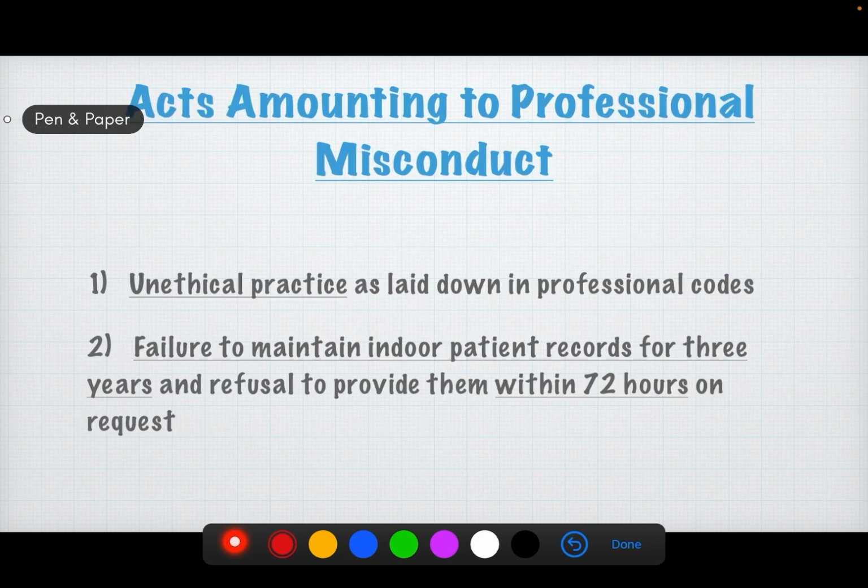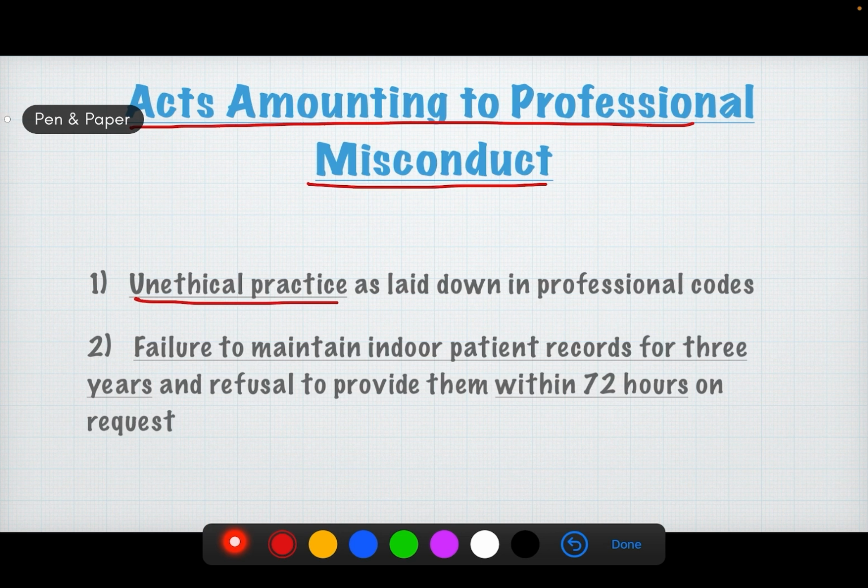Now, what are the acts amounting to professional misconduct? First, unethical practices as laid down in professional codes. So there are professional codes, right, in which there are unethical practices noted.